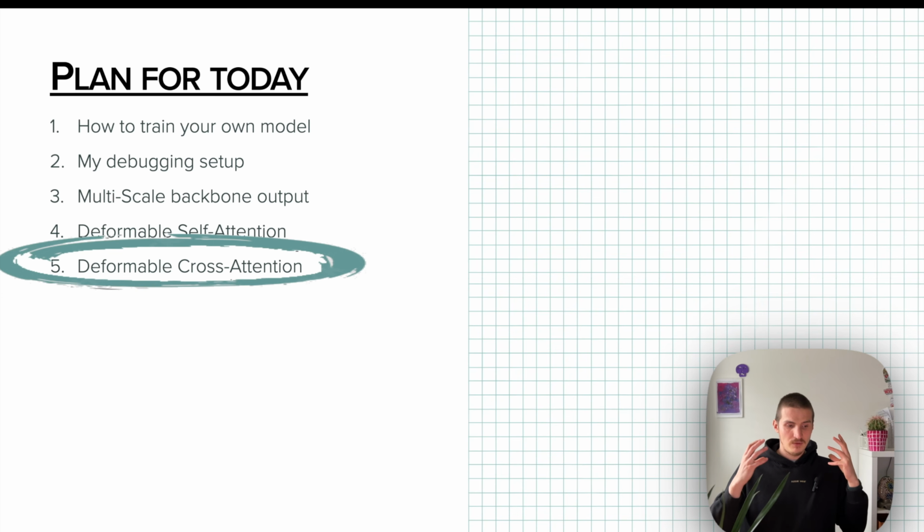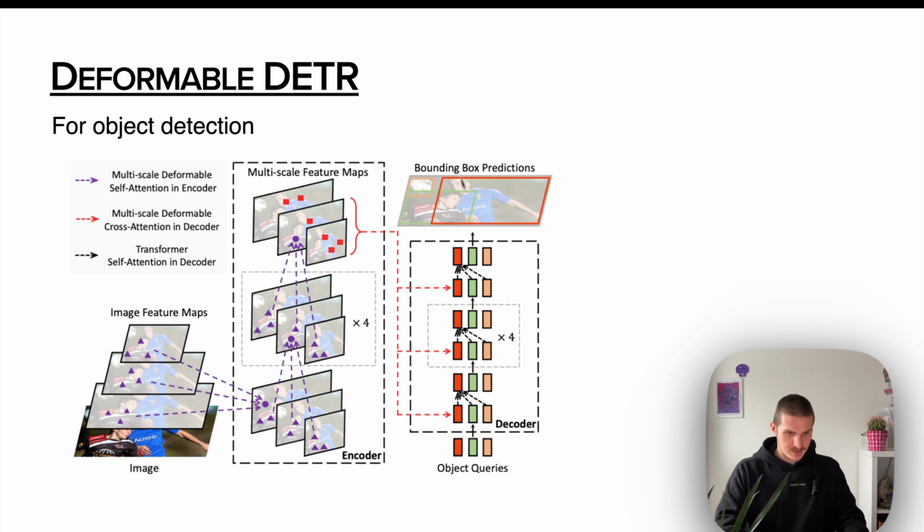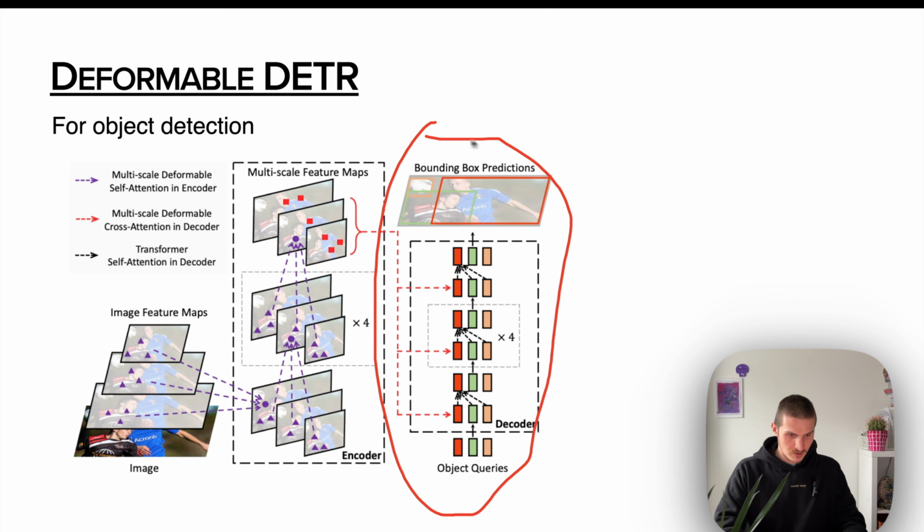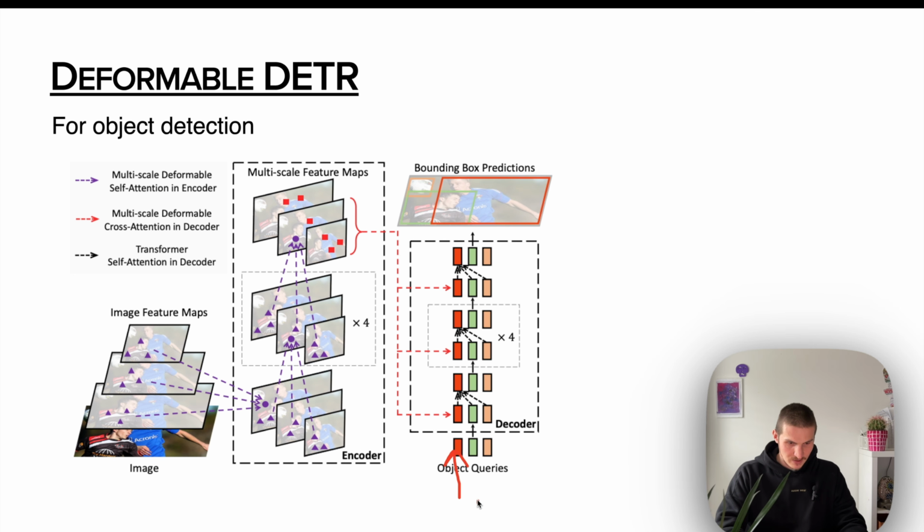Now let's also take a look at the decoder layer, so at the cross-attention. That's the final part of the model. Now we have these object queries coming from the bottom. And queries, you can think of them as experts that actually judge the image. So in the decoder, you'd have cross-attention.